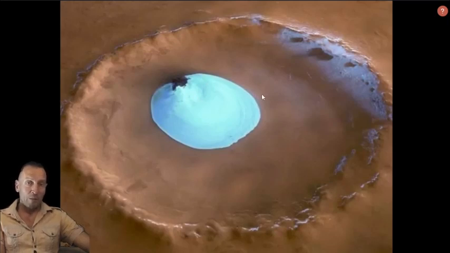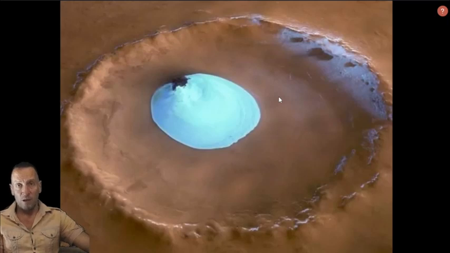And what's happening is that the pressure of the atmosphere of Mars is below 1/100 of our atmosphere. So what's going to happen if the pressure is below 1/100 of our atmosphere? The water is going to sublimate. That means it's going to turn from ice directly to vapor. And that's what's happening on Mars. Exactly what on Earth is happening with dry ice, carbon dioxide. On Mars, this is happening with water.